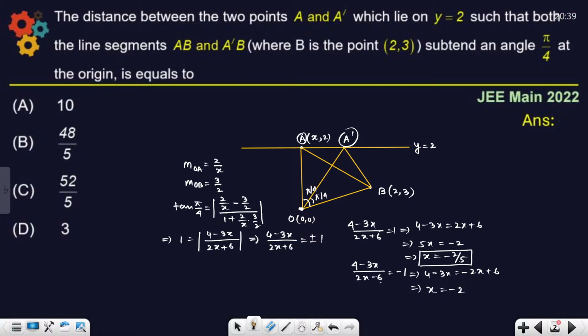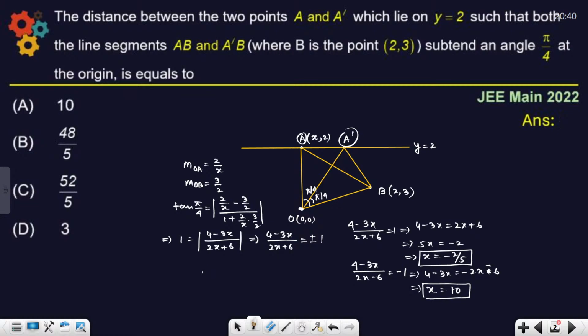Am I correct? Oh, I'm sorry, this is plus, so this one will become minus. So it is coming like x equals, one second, this is basically minus 6. So x is coming here as 10. And this is nothing but the abscissa of the second point.